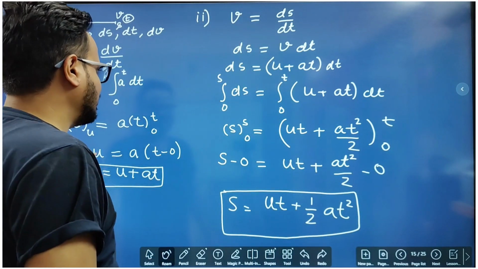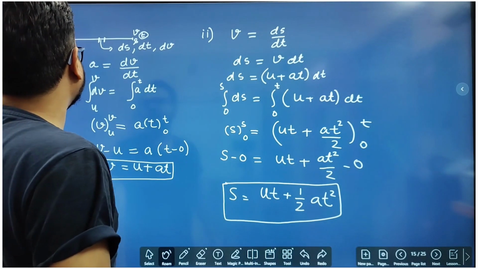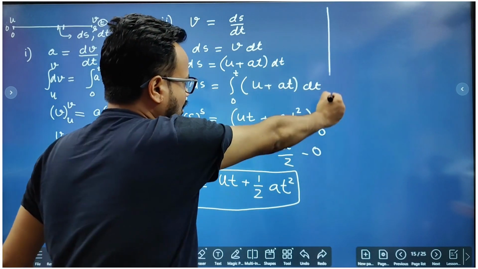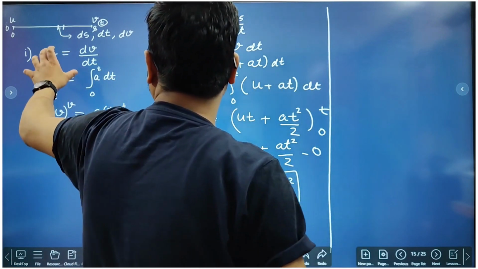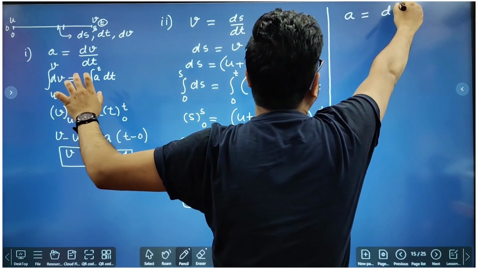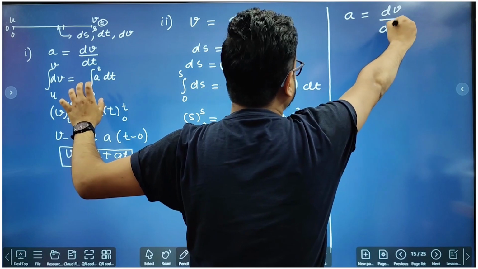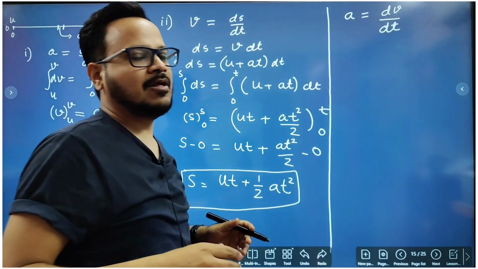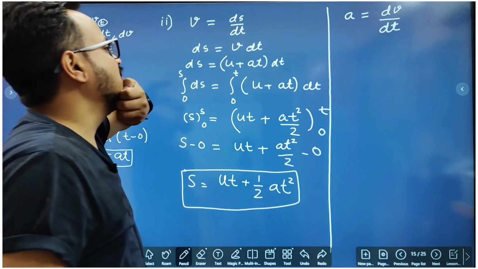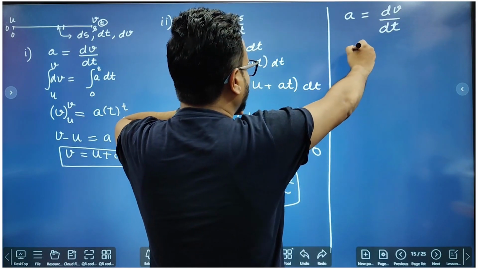Okay, now let's discuss the third equation. For third equation also we will start from this step, a equal to dv by dt. Because third equation does not contain time, we have to eliminate this term of dt. So how is this possible?